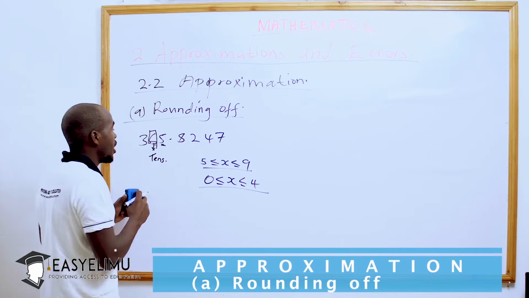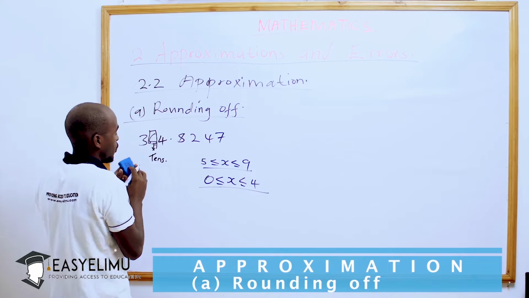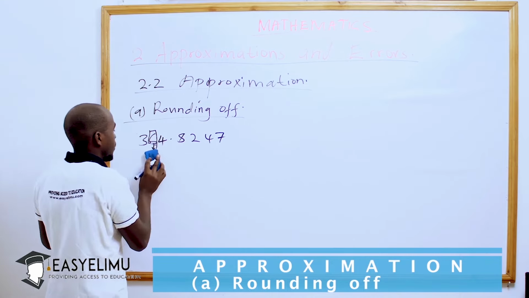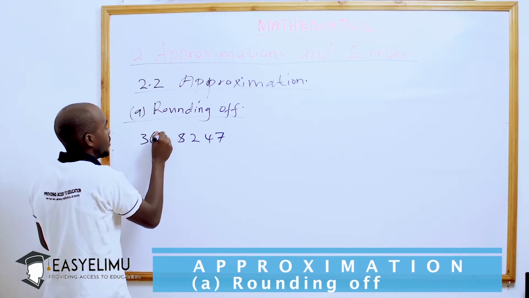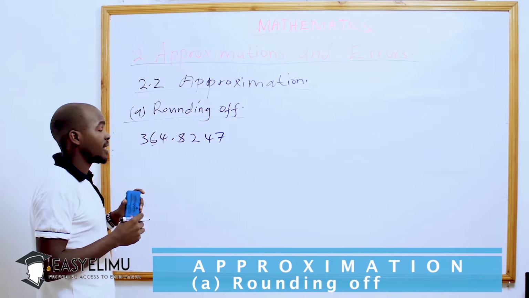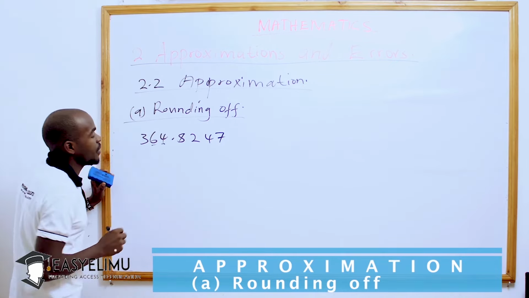For instance, if our number here was 364, if we wanted to round off 6 to the nearest tens, then we shall check on this 4.